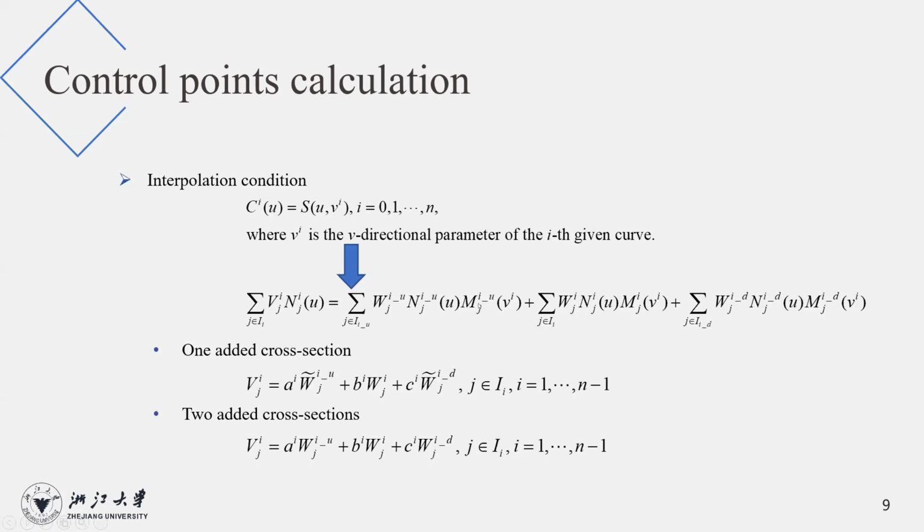According to the T-mesh construction, we can deduce 2 equations from the above formula. At last, replacing Vij by Wij in the T-mesh, the skinned T-spline surface can interpolate the given curves.